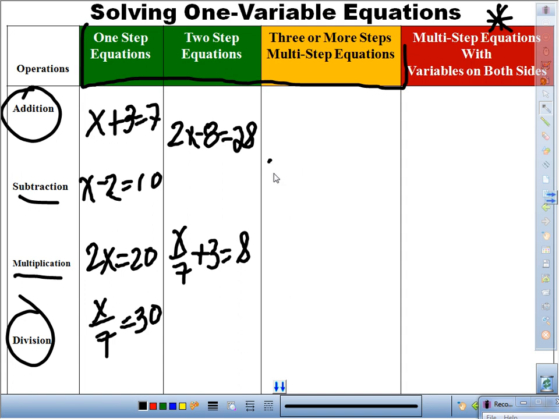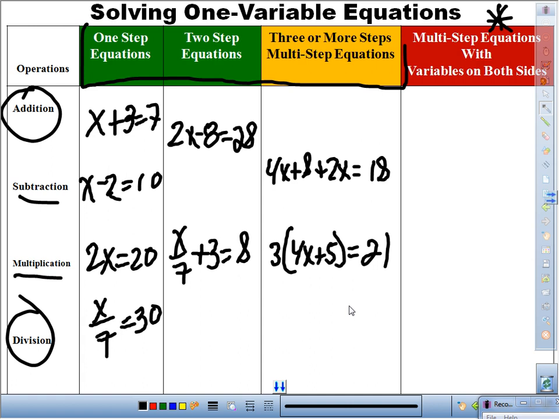Look at this one. 4x plus 8 plus 2x equals 18. Another one. 3 parentheses 4x plus 5 equals 21. These are three steps. And multi-step with variables on both sides looks like this. 4x plus 1 equals 2x plus 7.